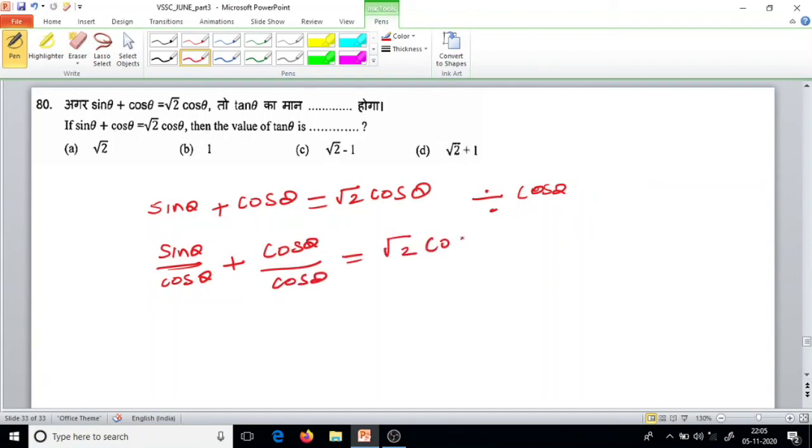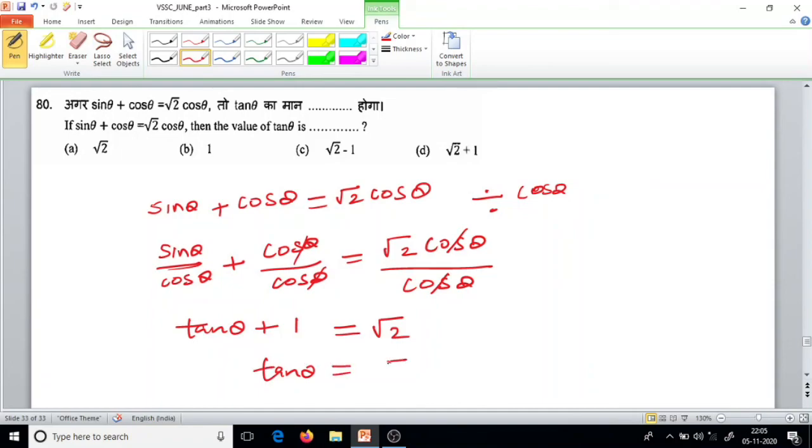So this is equal to tan theta plus 1. This cos cancels, similarly this cos and this cos cancel. It's equal to root 2. Now what is tan theta? Tan theta equals root 2 minus 1. So the answer is root 2 minus 1.